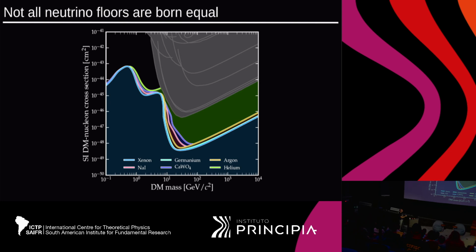For example, if you are using lighter things, like helium, you expect things that are very, very different from the neutrino floor that you expect from xenon. Okay, so when you see these plots, you always need to be aware that you need to compute your neutrino floor for the particular material of your experiment.